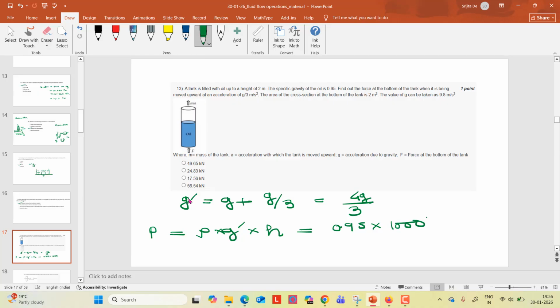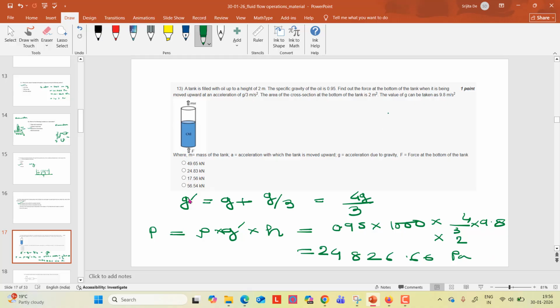Because it is multiplied by the density of water. Your new g is 4 by 3 into 9.8 and H is 2 meters, which comes around 24,826.66 Pascal, right?